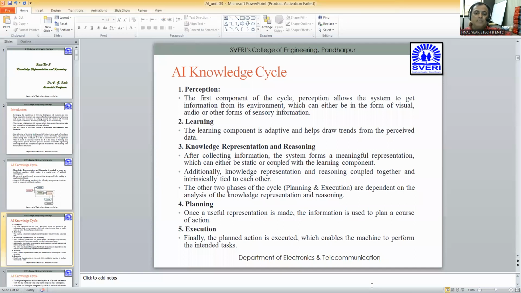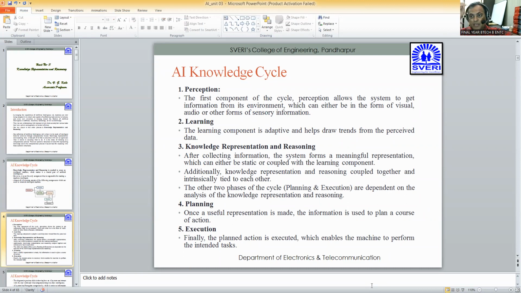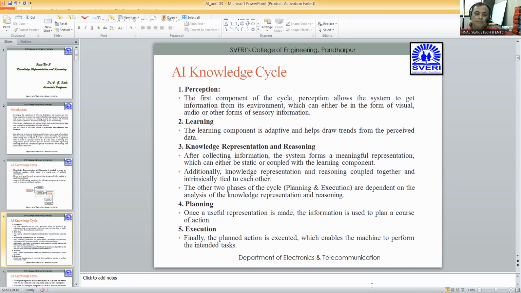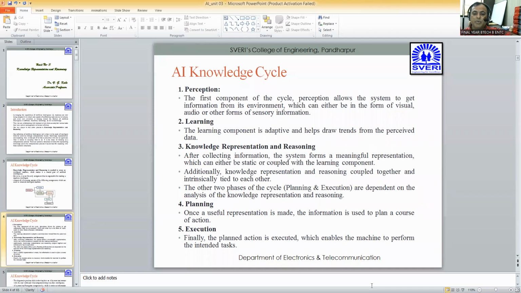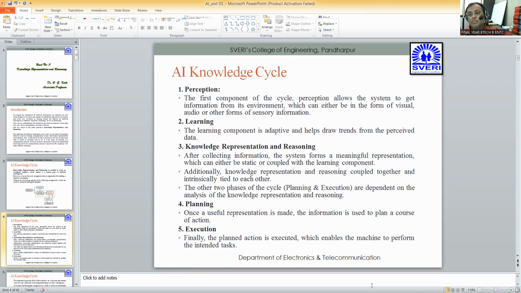Once a useful representation is made, the information is used to plan a course of action. Yes, planning बनना शुरू हो जाएगी, क्योंकि अब हमने information को अच्छी तरह से represent किया है और इसके आगे अभी planning execute होगी. Fifth one is the execution. Finally, the planned action is executed, which enables the machine to perform the intended task, and then the execution will be done. So जो task दिया है, अब वो task perform करने के लिए हम लोग ready हैं.